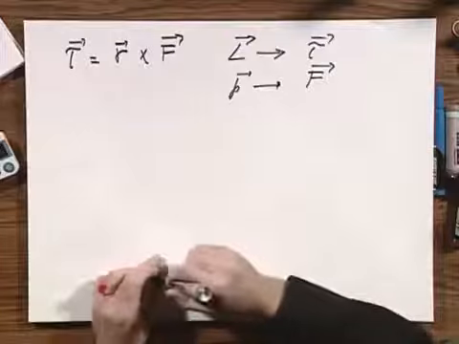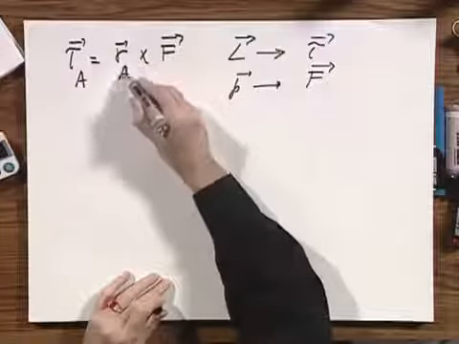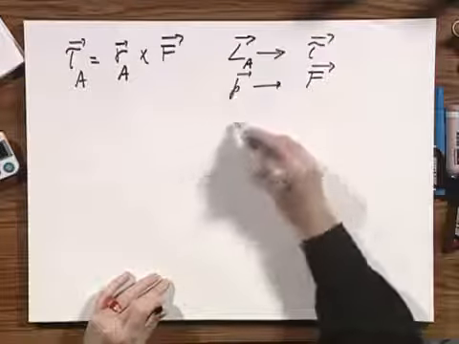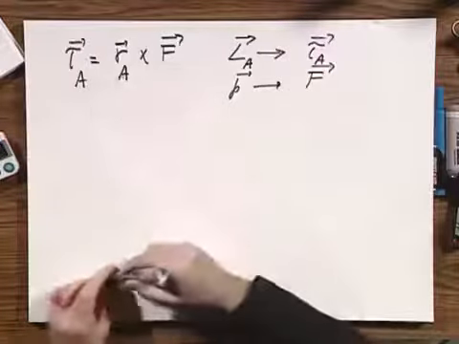Again, tau must be taken relative to a particular point. I will obnoxiously indicate that here. It must be taken relative to a particular point. And to talk about the torque about an axis is undesirable language.